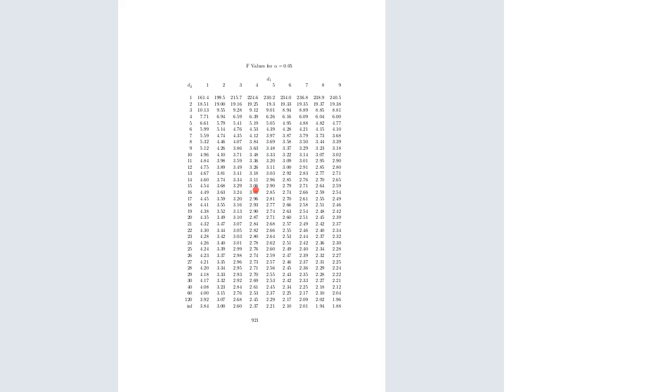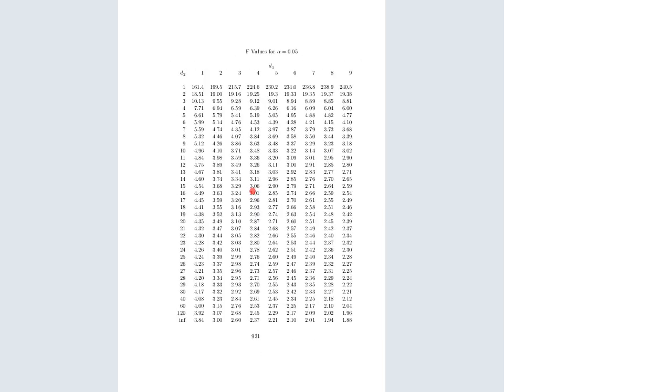Remember, the F value, we are not checking it at 0.01. We are looking at it at 5%. Alpha equals 0.05. So we have 15 under 4.